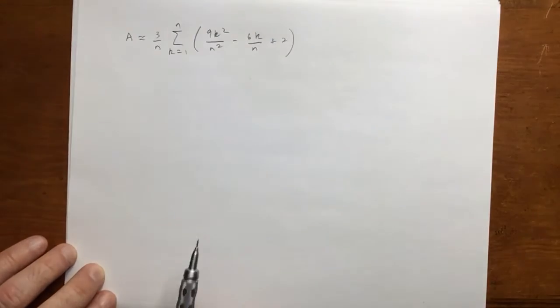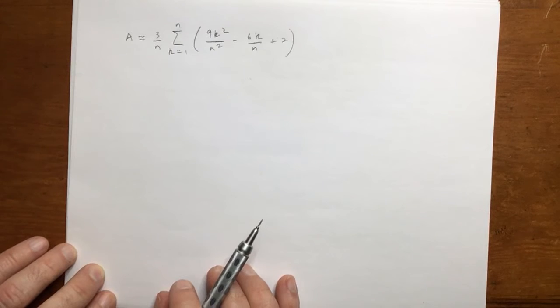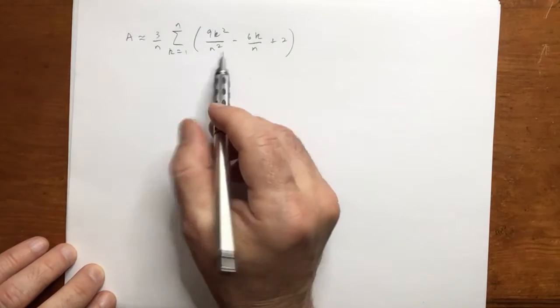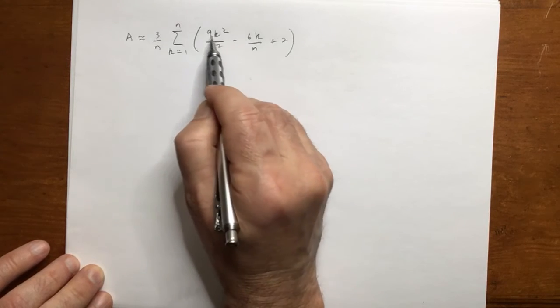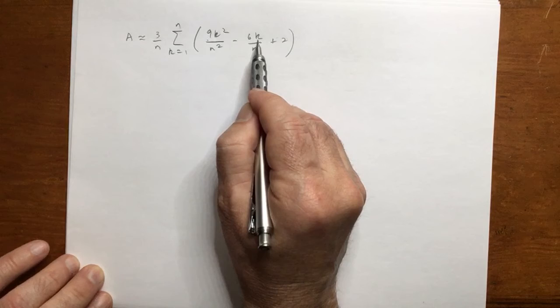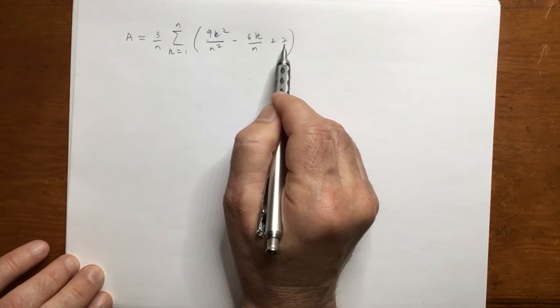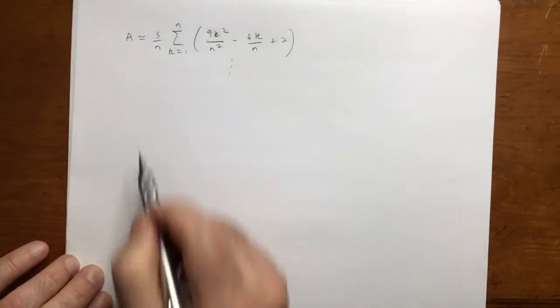Note that I pulled the 3 over n, the base length, out in front. I want you to remember the n is simply a constant. Here we have a constant times a quadratic sum. Here it's a linear sum. Here is a constant sum. And so I'm going to let you do that work.